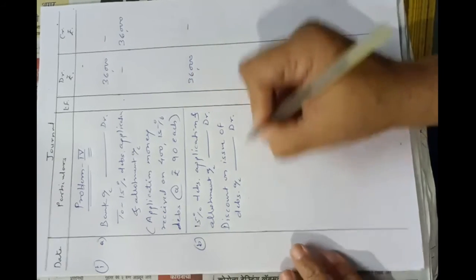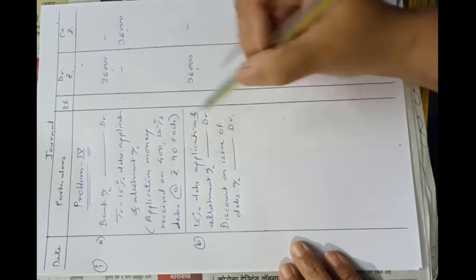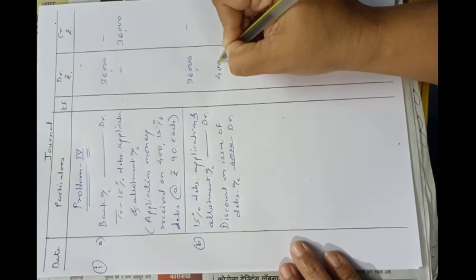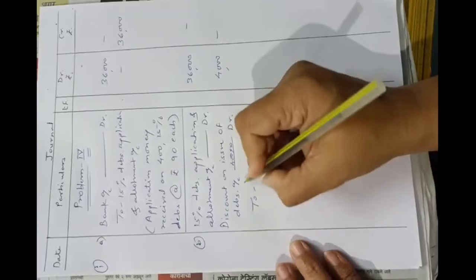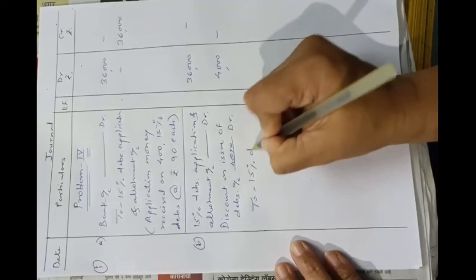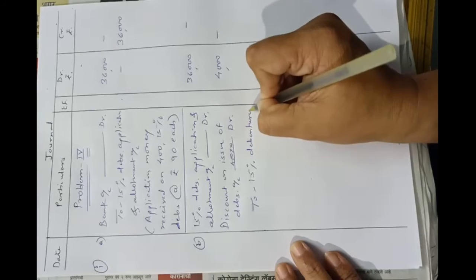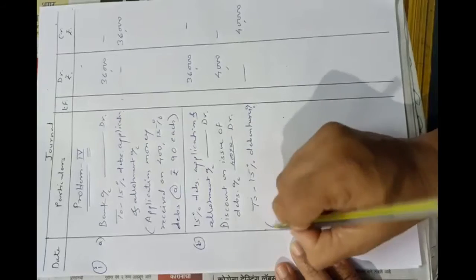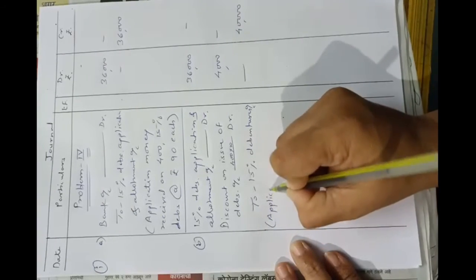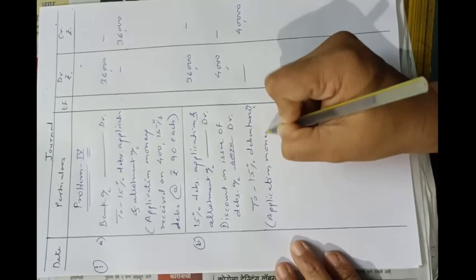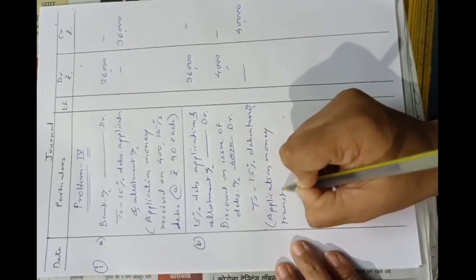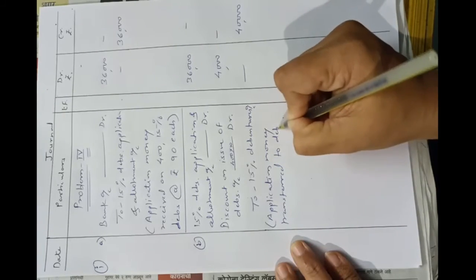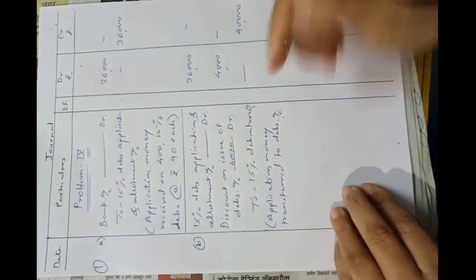Discount on issue of debentures account debit, 10 rupees discount per debenture means 400 into 10. Okay, so it will be 4,000. To 15% debentures account, 40,000. Application money transferred to debentures account. This will be the narration.